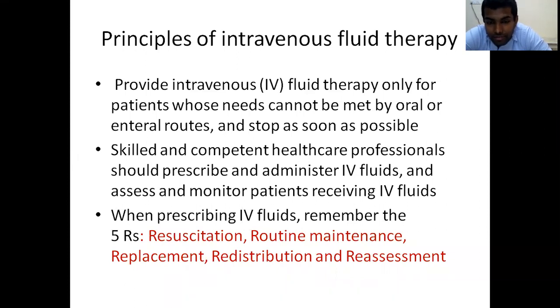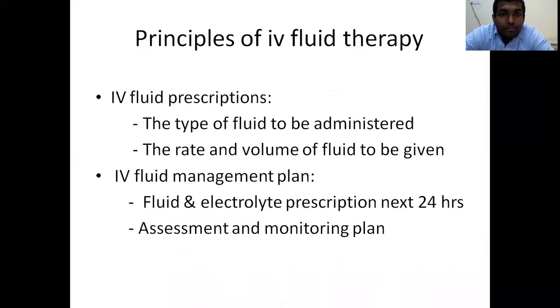Now, when you give IV fluids, remember the 5 R's, that is resuscitation, routine maintenance, replacement, redistribution, and reassessment. What are the 5 R's? We resuscitate, we maintain the routine, we replace what is lost, there is redistribution, and again reassessment.